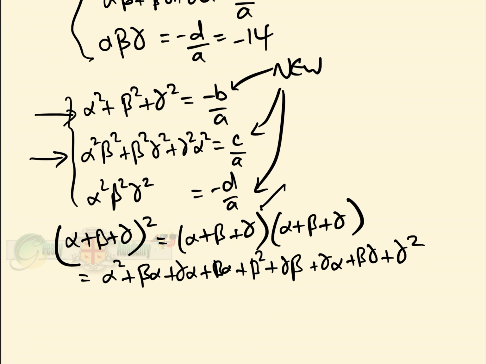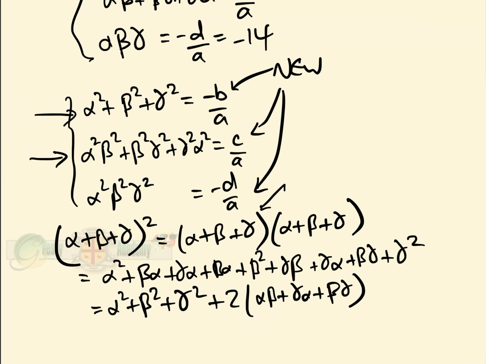All I've done there is multiply this out, and that equals alpha squared add beta squared add gamma squared, which is the bit that we want, add 2 times alpha beta add gamma alpha add beta gamma.